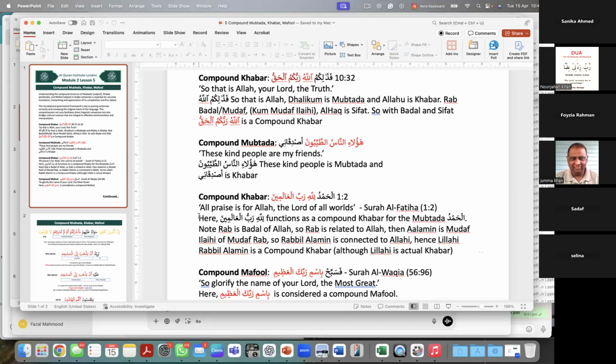No, I'm trying to confuse you. Ya Allah. It is a sifat. It's a description, a quality of Allah. Allah is true. Allah is the truth. Your Rabb is truth. So Rabbukum, your Rabb is truth. Rabbu is khabar, kum is mudaf ilayhi. So it's a compound khabar first, but al-haqqu is part of Rabb because the haqq is describing Rabb.